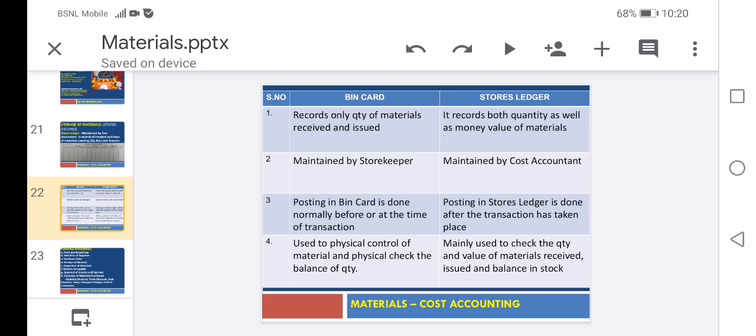How much received, where we can verify both quantity as well as amount. How much issued in terms of quantity and amount, that we can check. Similarly, it is also possible to know what is the leftover stock, that is balance stock, on a particular date, including quantity and value.